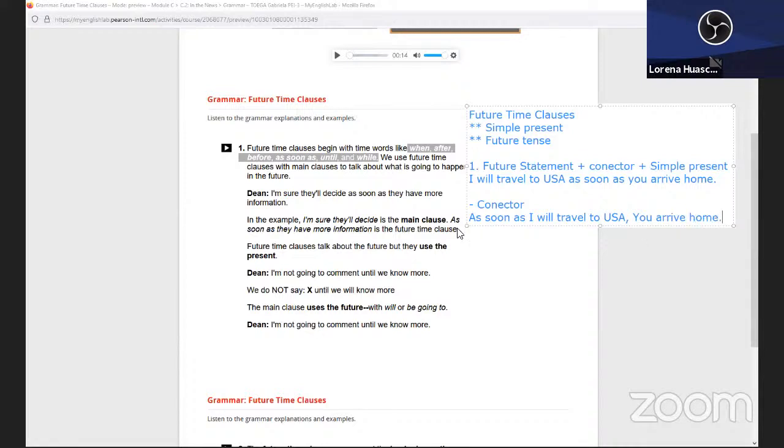This sentence doesn't make sense. As soon as I will travel to USA, you arrive home. So when we use the connector first, we always start with the simple present. As soon as you arrive home, what is going to happen?